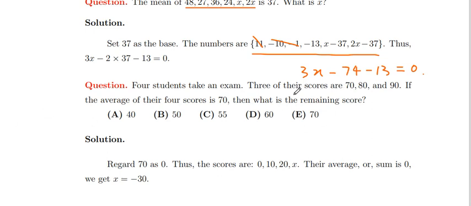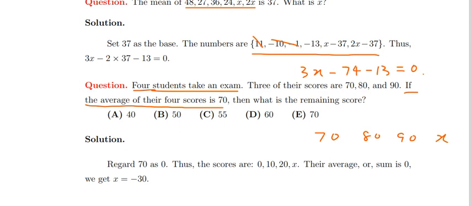Let's say we have 4 students, so we have 4 numbers for their exam scores: 70, 80, 90. If the average is 70, what is this number?